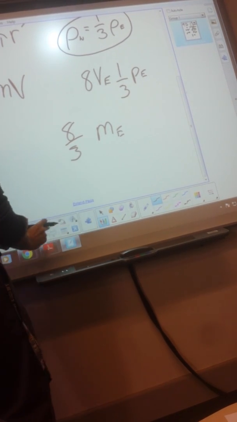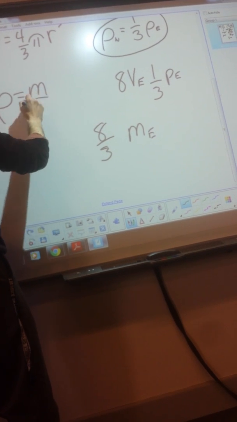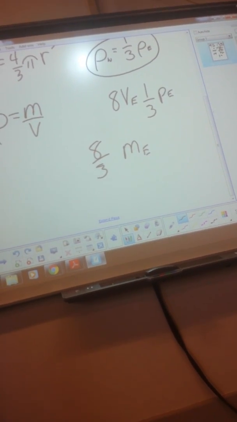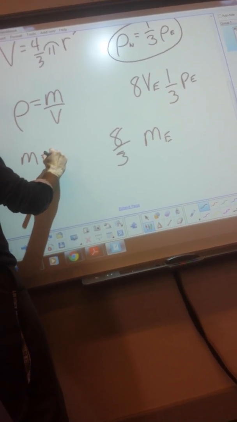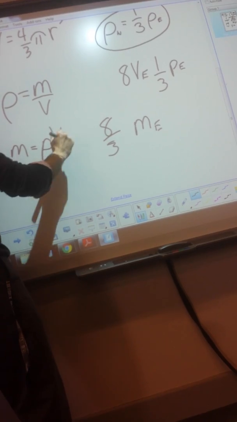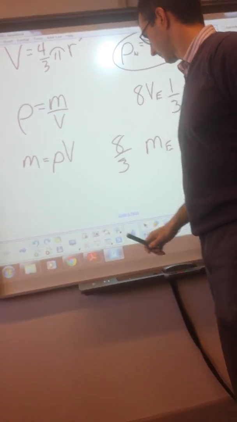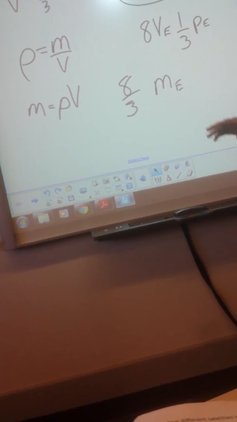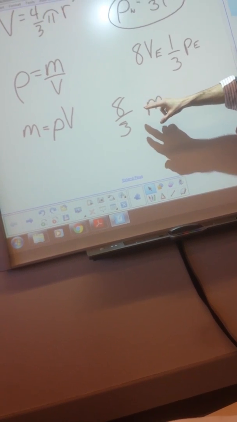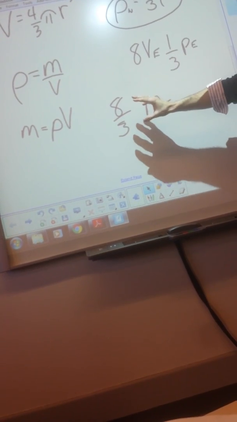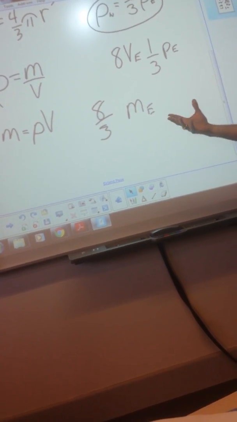So if I wanted to know how the mass has changed, I would multiply density times volume. We don't have to actually substitute in here. So I found the new planet, even though it's bigger, has 8/3 of the mass.